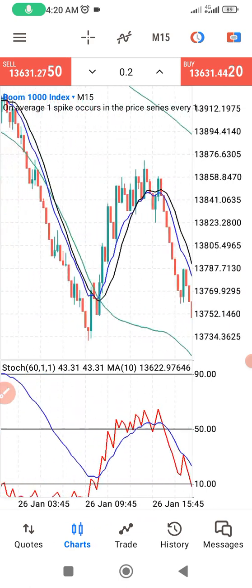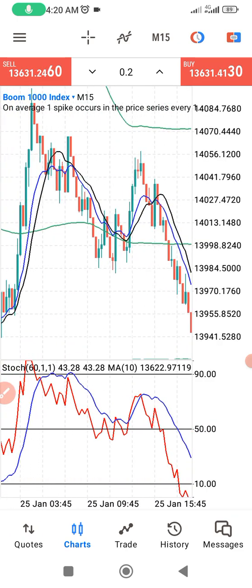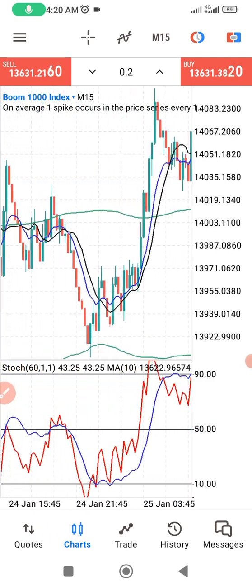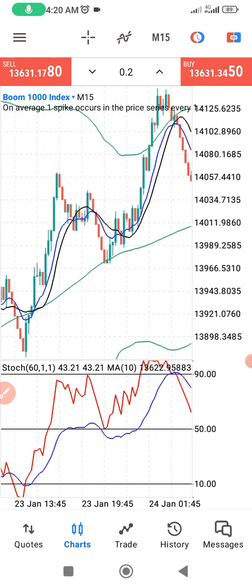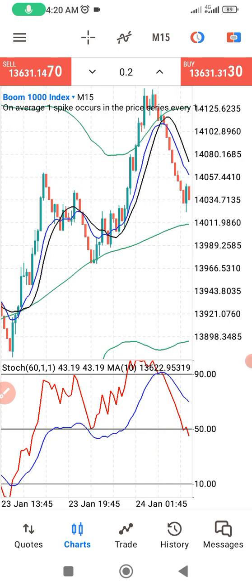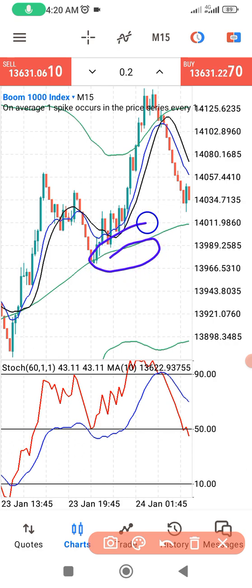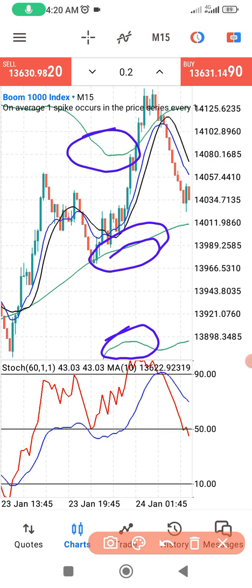Let's begin by explaining the indicators that we are seeing on this chart. First of all, we have our green indicator. If you have been following our previous videos, the green indicator you are seeing on my chart is our Bollinger Band, and it has a special setup.